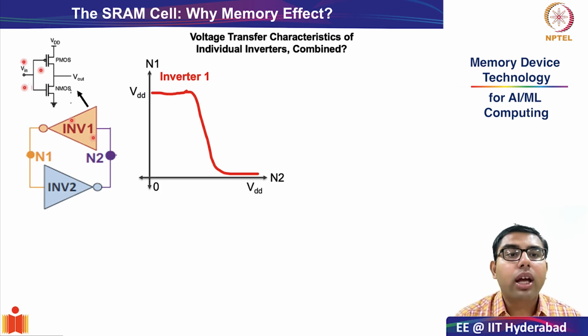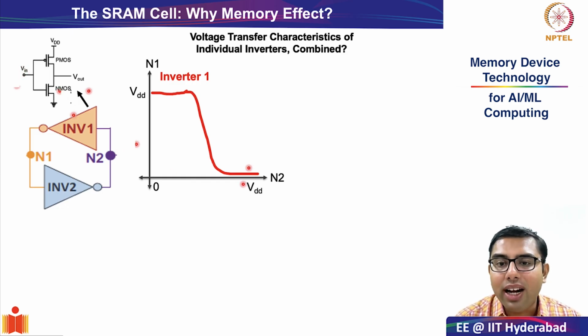If the input Vin is 0, the NMOS will be turned off, the PMOS will be turned on, and therefore there will be a direct path between VDD and Vout. That's why the PMOS is also called a pull-up transistor, because when it is active, the output is pulled to VDD.